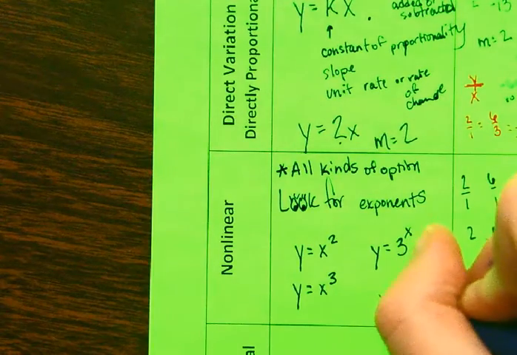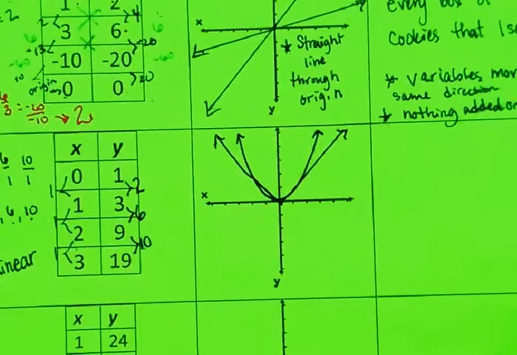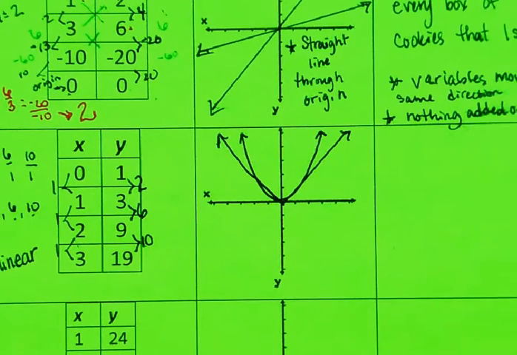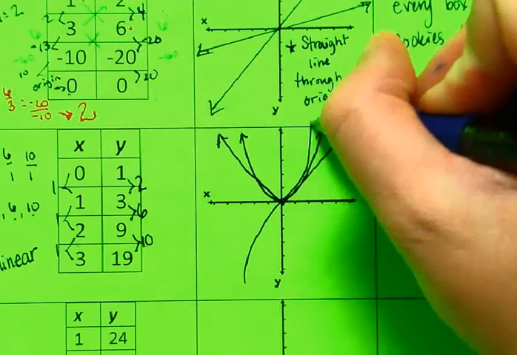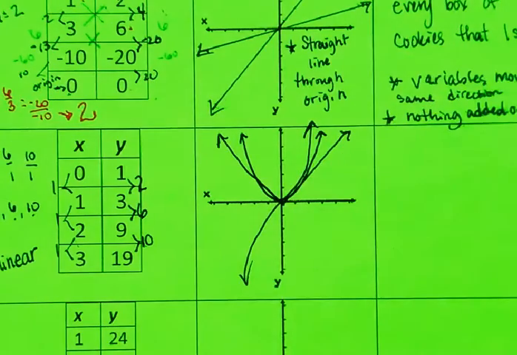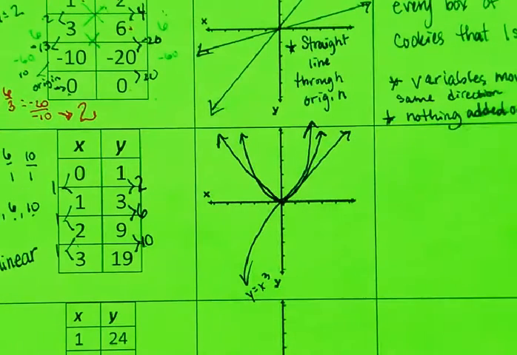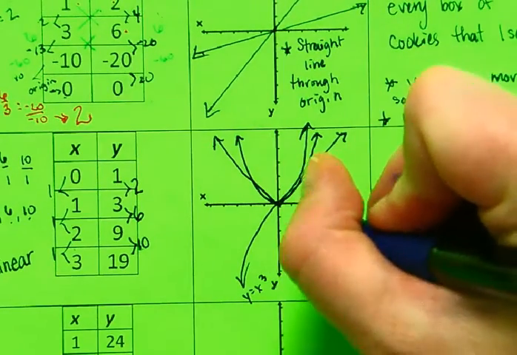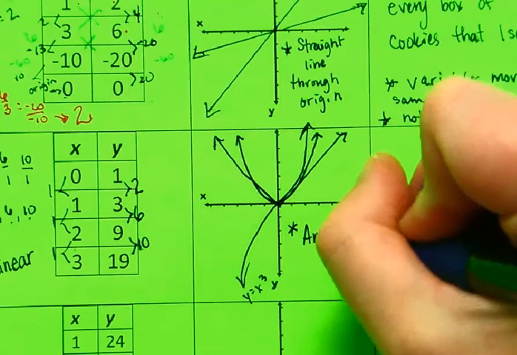If you have absolute value of x, that's going to give you a nonlinear relationship. X cubed looks something like that. That's x cubed. All kinds of options there. Basically, it's easy to tell in a graph because it's anything that's not a straight line.